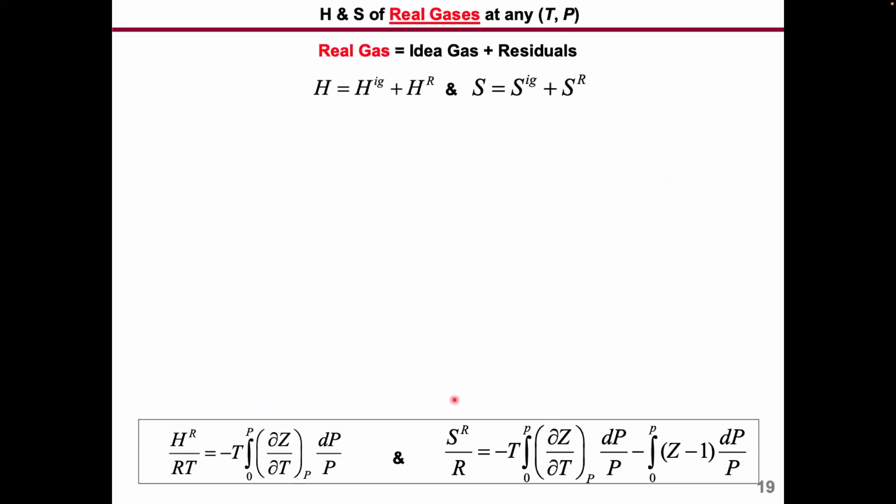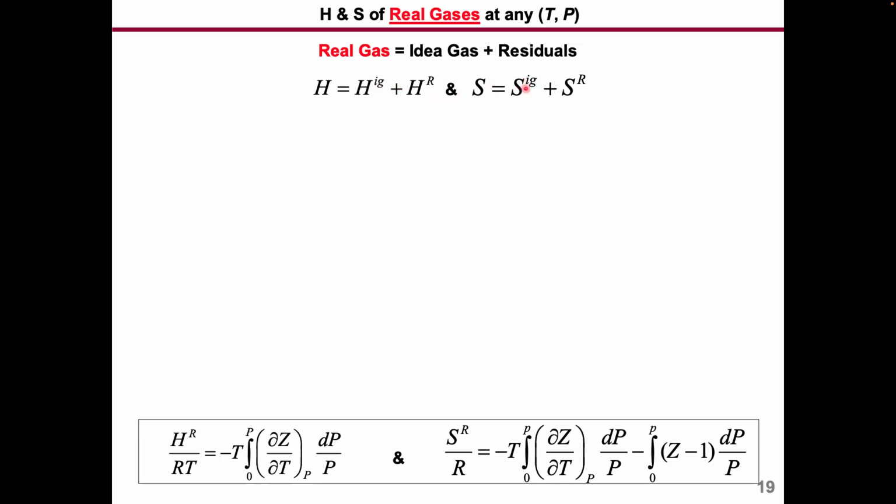All right. So now, once we know how to calculate the residue property, we can calculate H and S of a real gas at any temperature and pressure. Again, real gas is equal to ideal gas plus residue property. So H for your real gas is equal to H ideal gas plus some residue property.